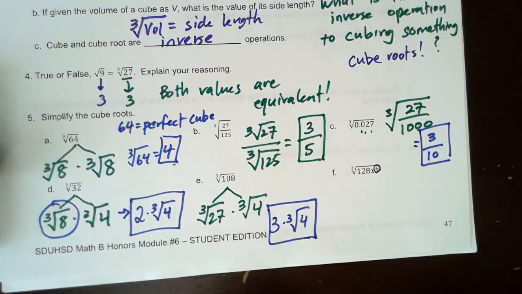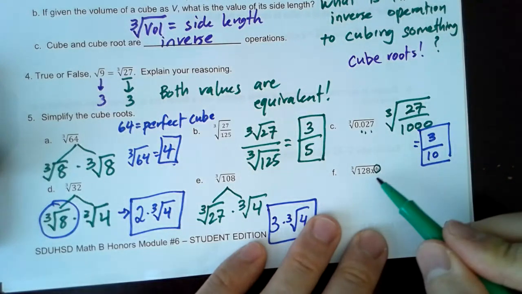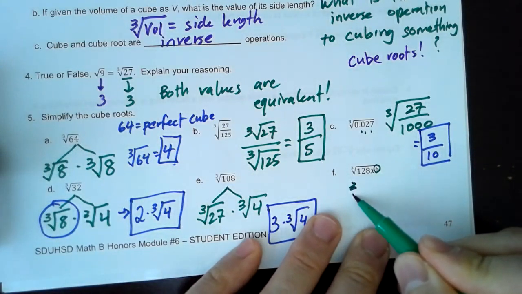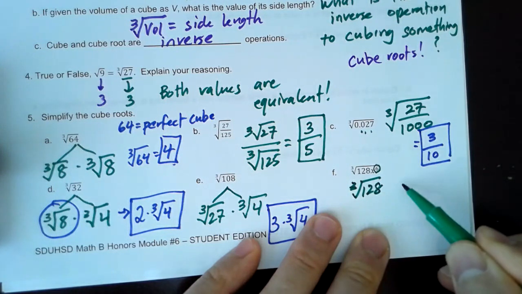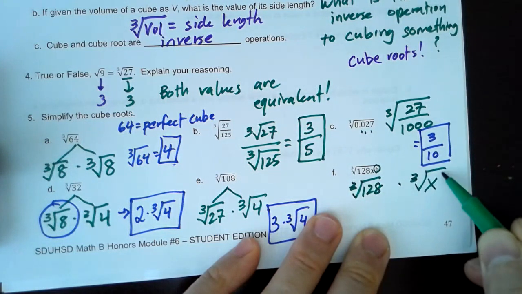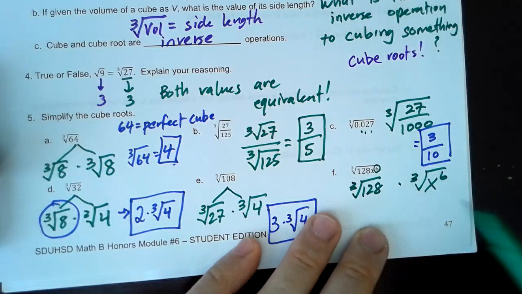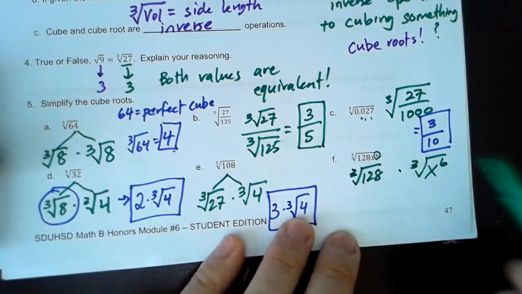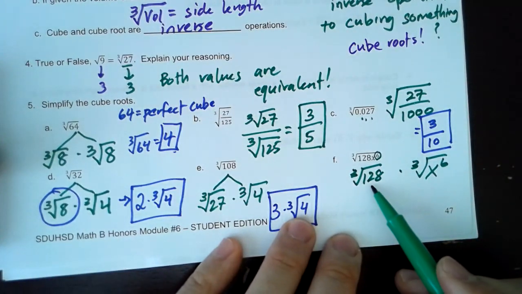What do you think you're going to have to divide the power by now that we're cube rooting? If you said divide by 3, you are entirely correct. So I'm going to split this up into one with the variable and one with the number. So I'm going to deal with the number first. What perfect cube is a factor of 128?